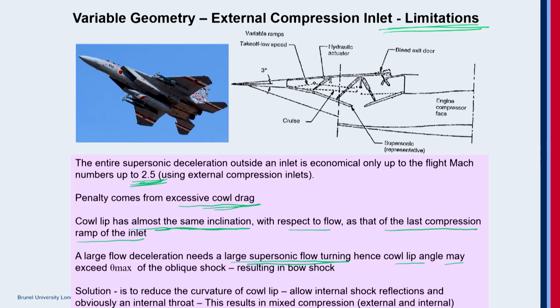Hence, the cowl lip angle may exceed theta max of the oblique shock, resulting in a bow shock. Now, what is the solution for this? Instead of having a stronger cowl lip turn, make the cowl lip in line with the flow. Don't turn it too far.